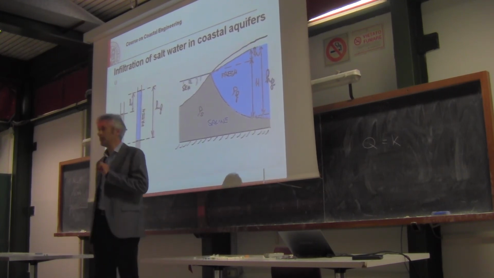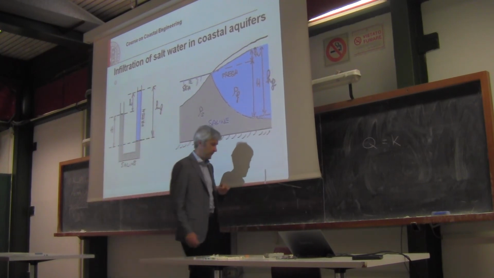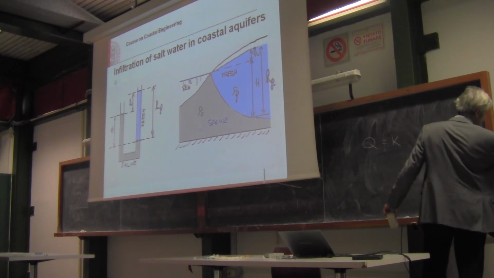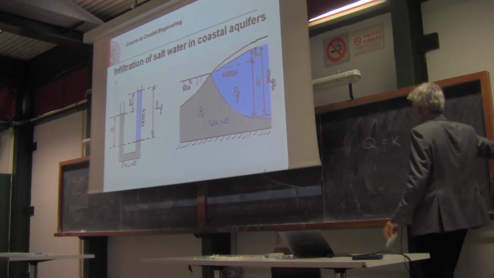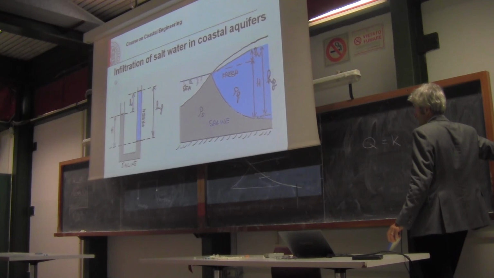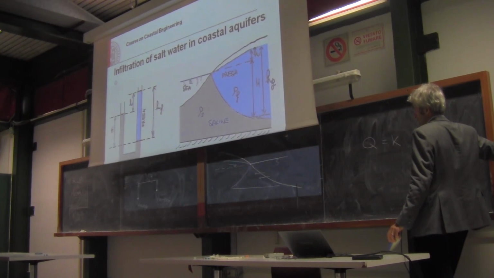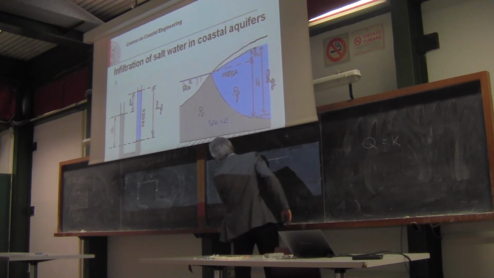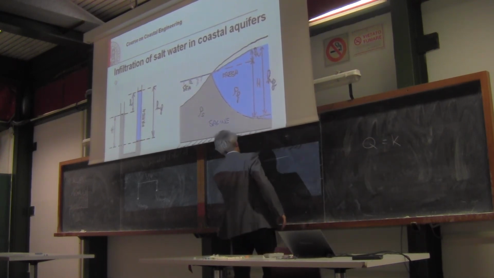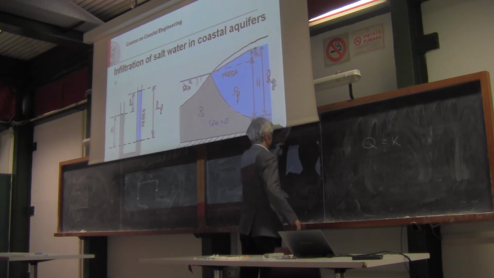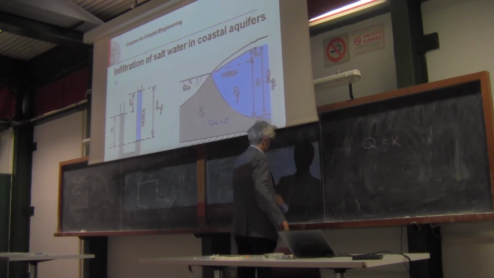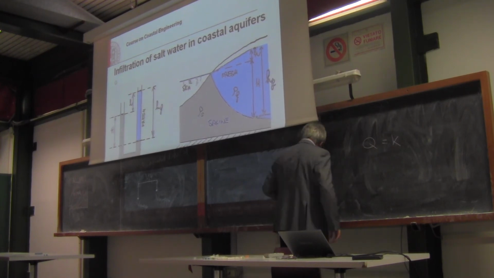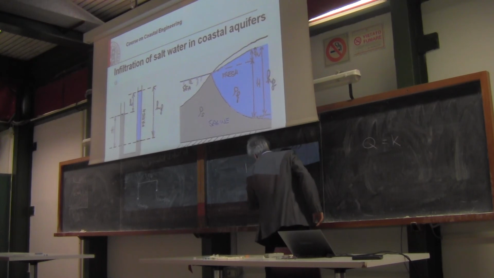Okay. Now, in order to understand the reason, we need to understand the hydrostatic law, which is very simple. But let me summarize it to you. Okay, let's suppose that we have water in static conditions, like in a tank.